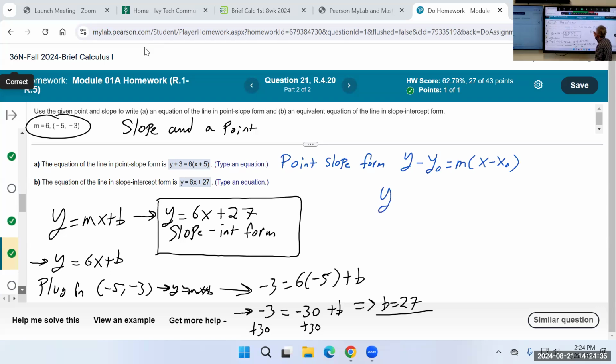So y minus -3 equals 6, x minus -5. And the negative would make it positive for this particular problem, just because of the particular numbers. So this would become y plus 3 equals 6, x plus 5. So that's what I mean by the point slope form.